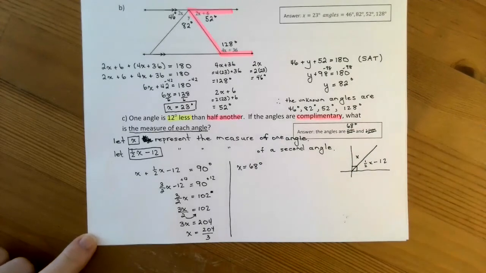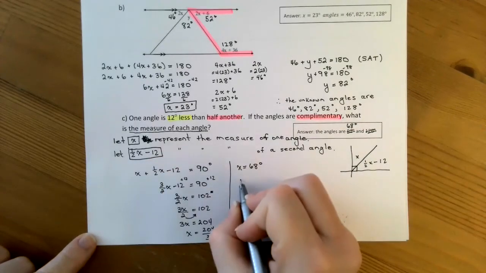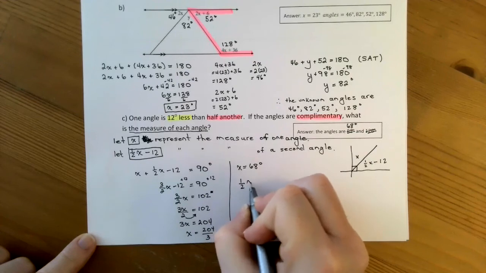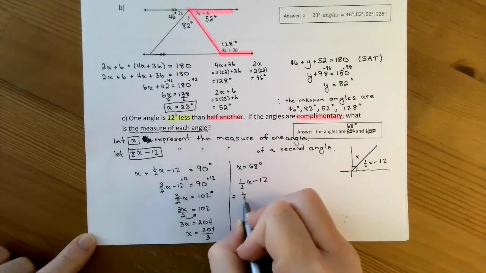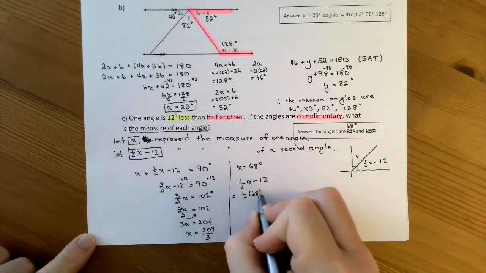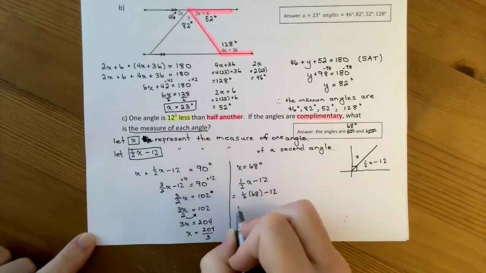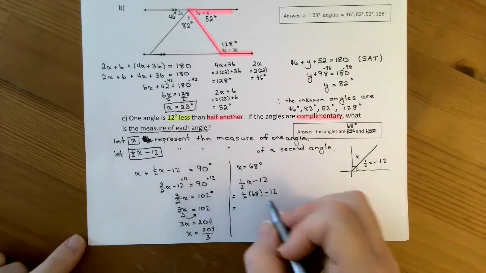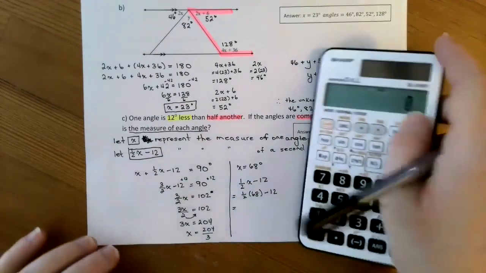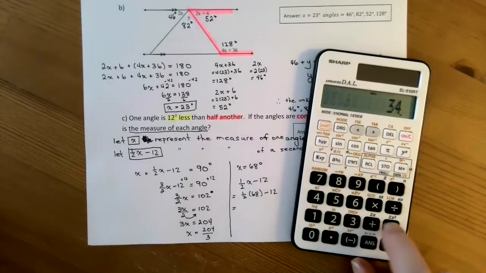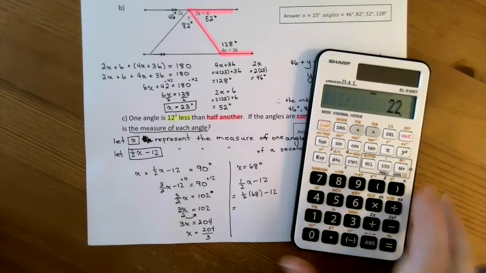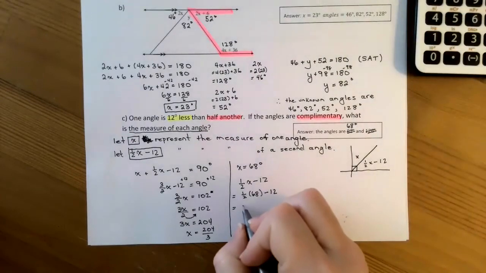My second angle is 1/2 x minus 12. So that's going to equal 1/2 of 68 minus 12. And 1/2 of 68 is 34. So we're going to do 0.5 times 68 minus 12, and I get 22 degrees.